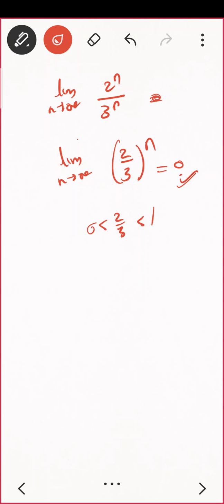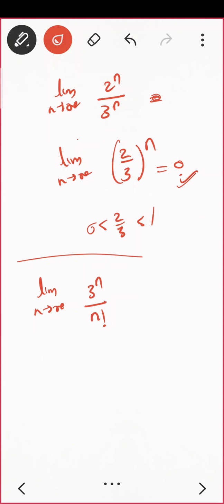Yeah, one more. Limit n tending to infinity 3 raised to n upon n factorial. Can you say something about this? Now, which one goes faster to infinity?